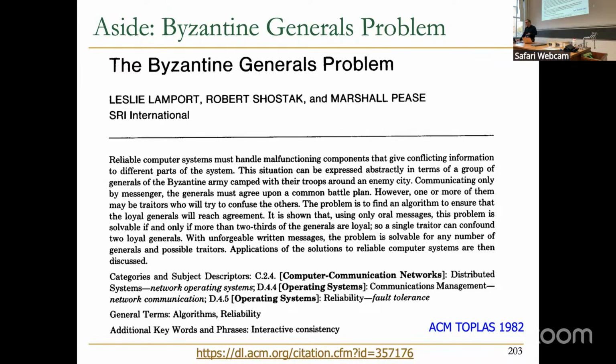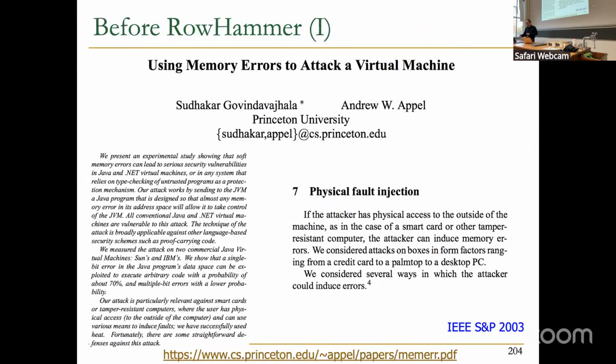And people have tried to induce bit flips, and this is a very nice paper from Princeton in IEEE Security and Privacy in 2003. I read this paper long before we looked at RowHammer at all, right? Well, during my graduate studies, I read this, but I was not working on RowHammer during that time. This paper showed that you could induce bit flips in memory.